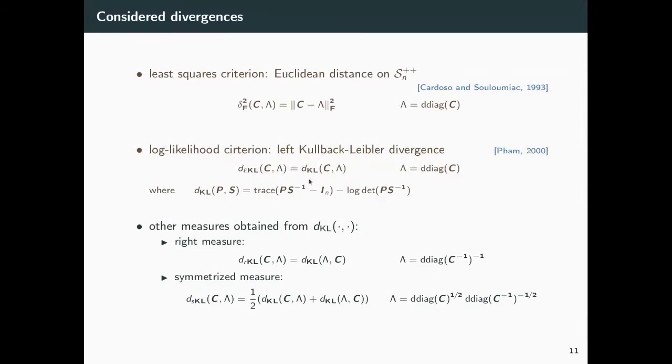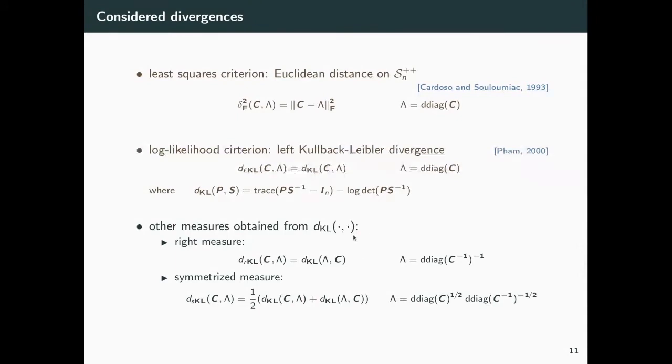We obtained the usual log likelihood criterion, for which we also have the diagonal part of the matrix C as the closest diagonal matrix. And what's interesting also is that it's only for these two very classical criteria that the closest diagonal matrix to a matrix C is simply its diagonal part.